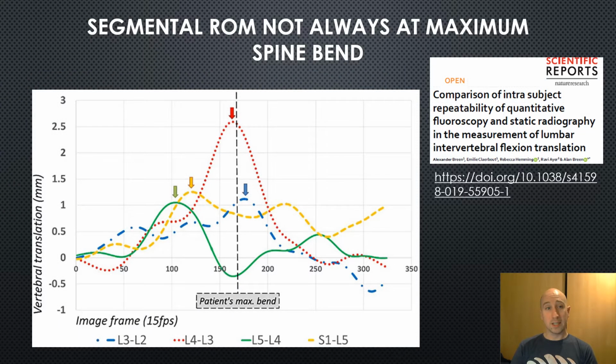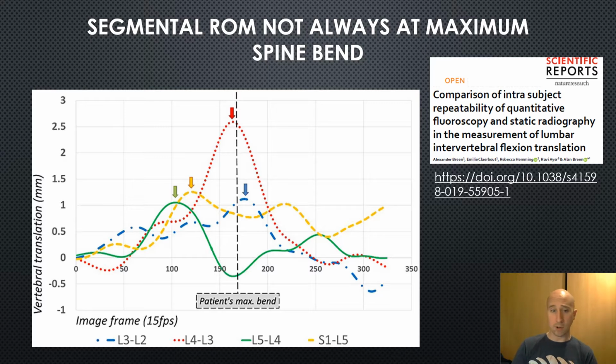what we find is the motion, the maximum range of a single segment is not at the participant's maximum bend. So if you were asking how far does a segment bend, taking a static image at end range will not answer this question.